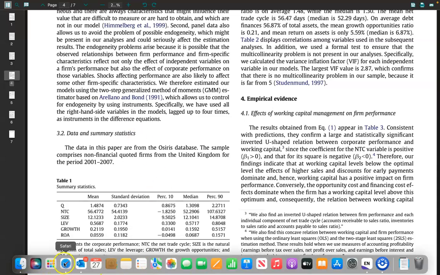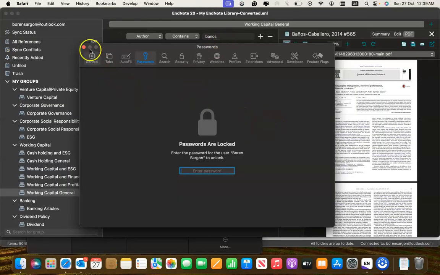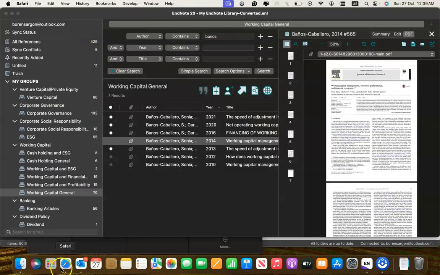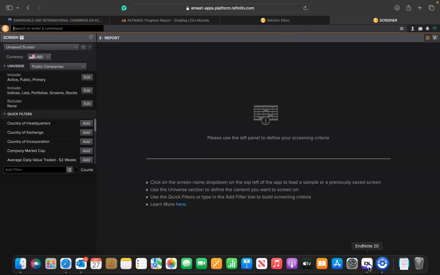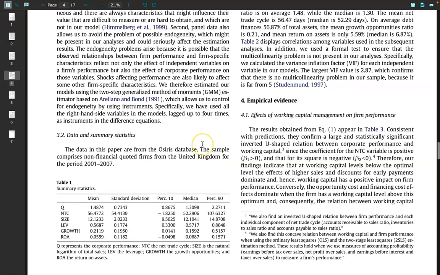This is the landing page of the screener, but we're going to look at the UK non-financial companies. So let's look at the paper again.